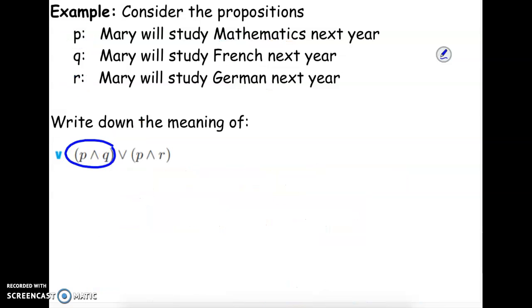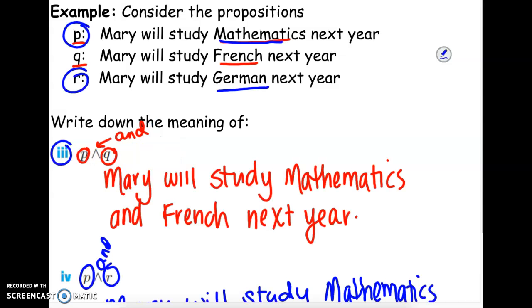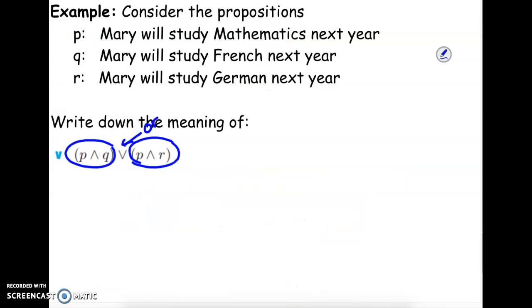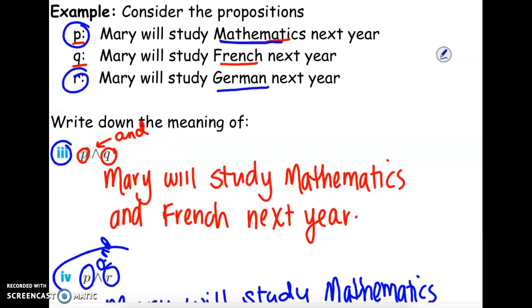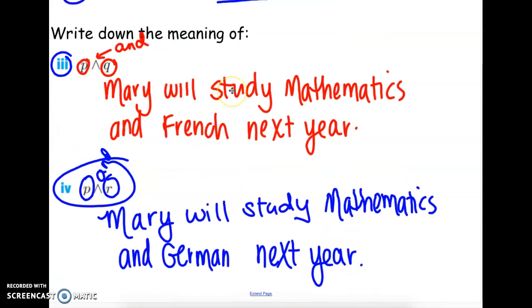And then this is a disjunction or, and then P and R, we go back to our previous slide. Make sure I write that. P and R is part of number 4. Where I have to scroll this down. Mary will study mathematics and German next year.